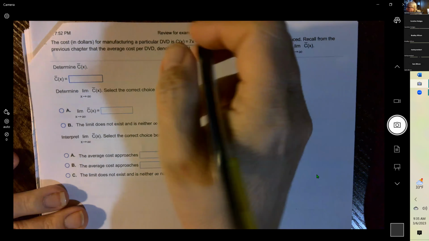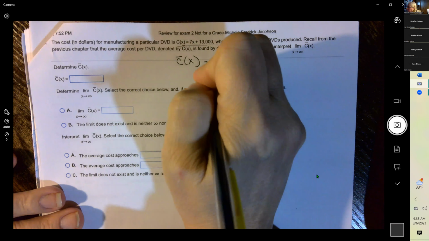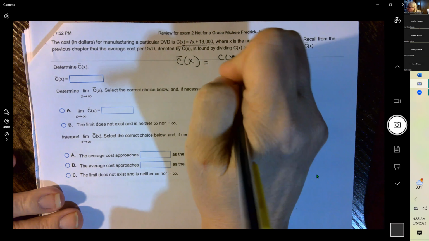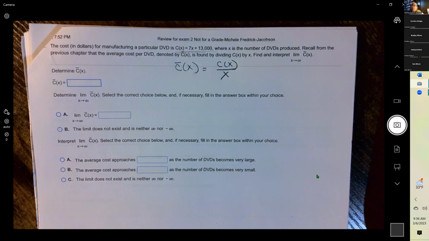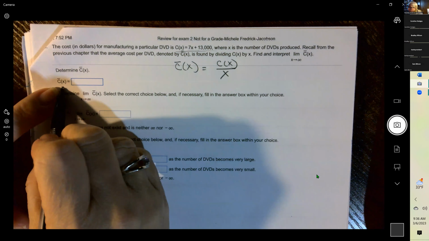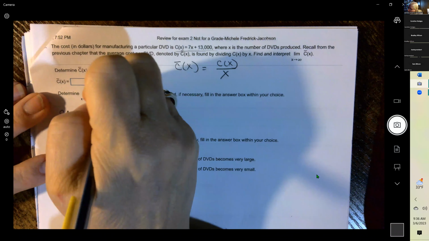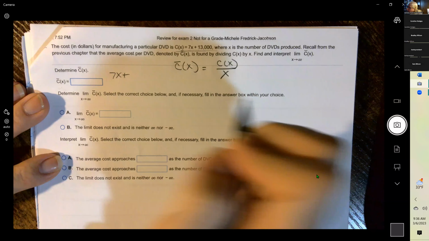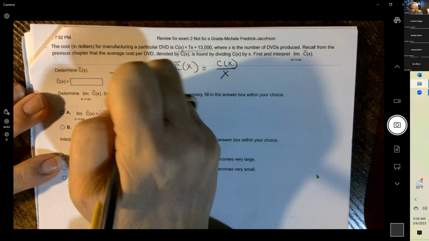You have to know that the average cost function is the function divided by X. So you probably want to put that on your formula sheet. Average cost function then is the function 7X plus 13,000 over X.